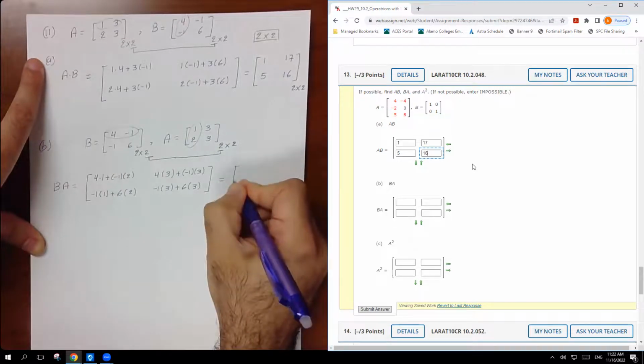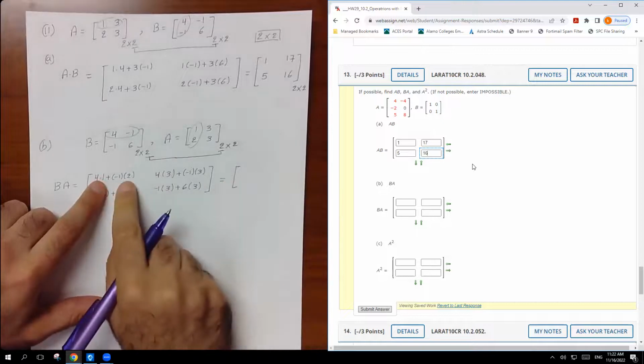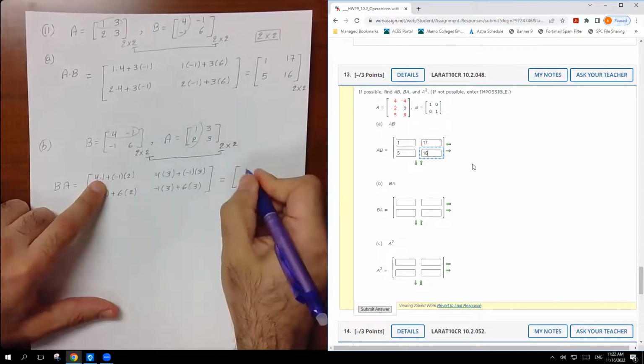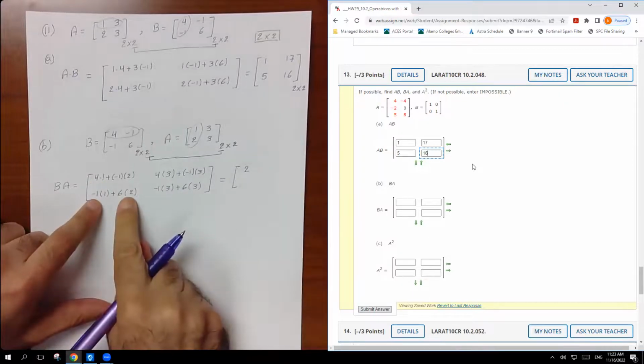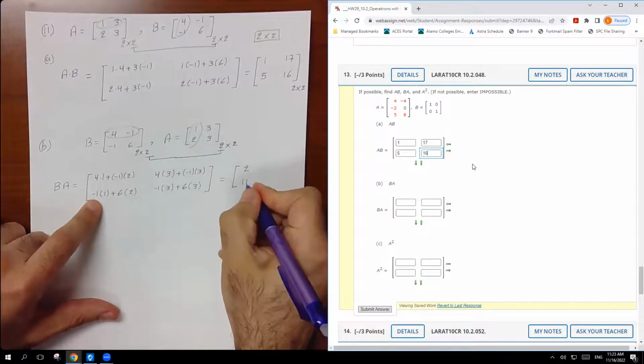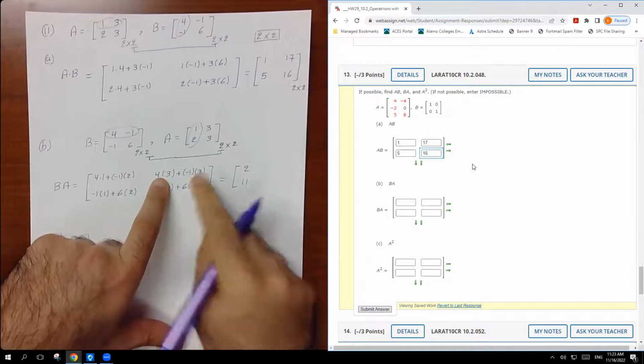That means the result is going to be 4. -1 times 2 is going to be -2, so 4 minus 2 is going to be 2. -1, and here is 12. 12 minus 1 is going to be 11. 12 minus 3 is going to be 9.